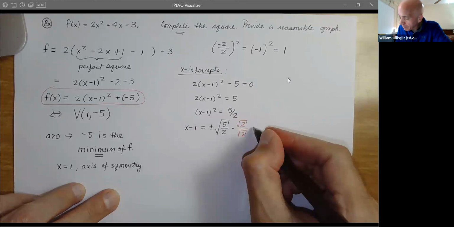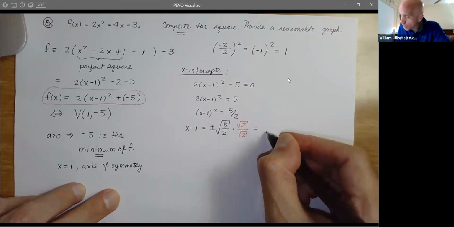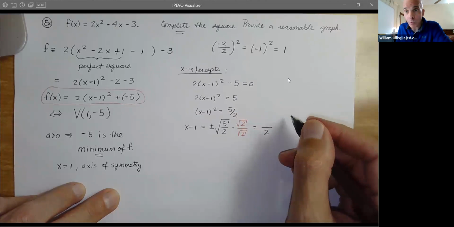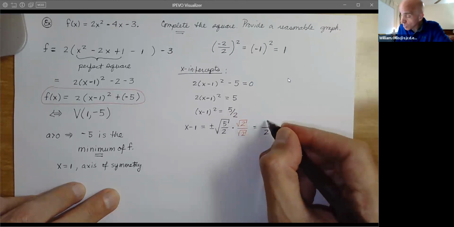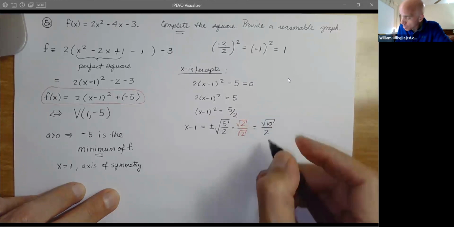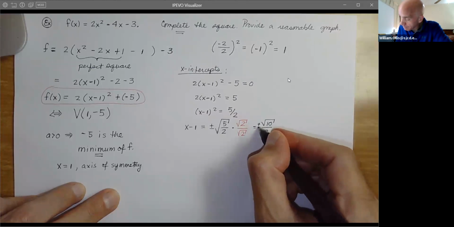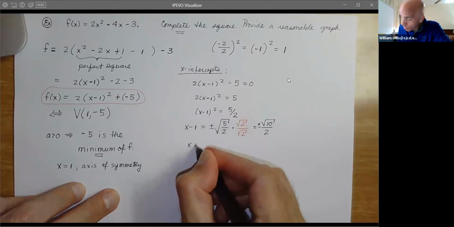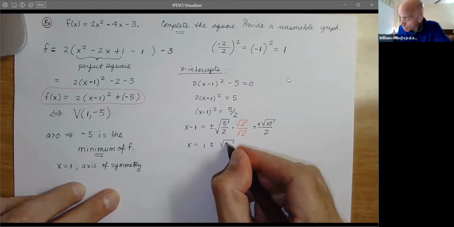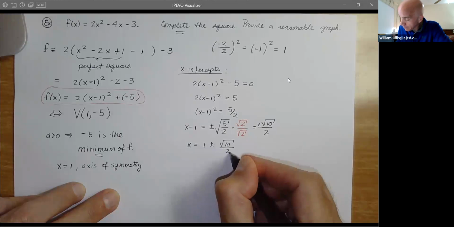So again, root 2 times root 2 will be 2. That's the square root of 4, which is 2. And then, of course, root 2 times root 5 is root 10. So we get the plus or minus. So now x equals 1 plus or minus root 10 over 2.